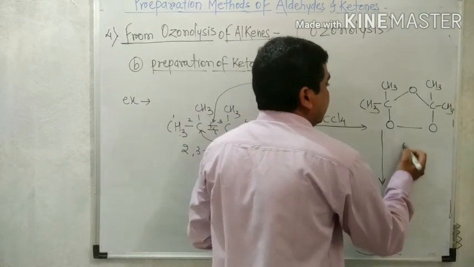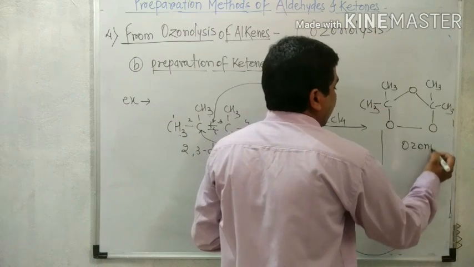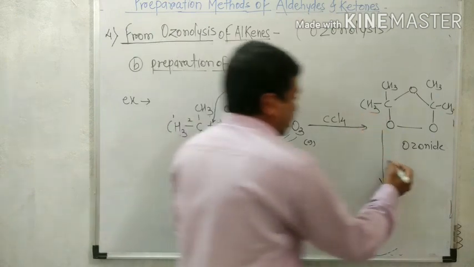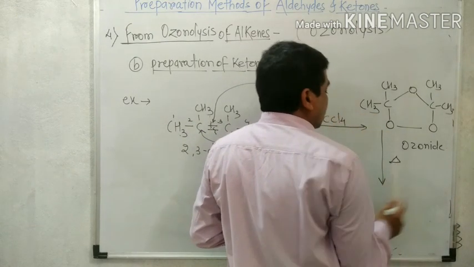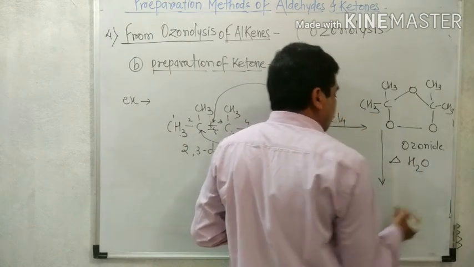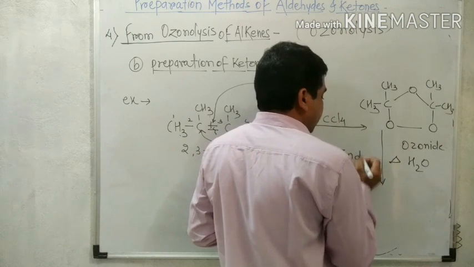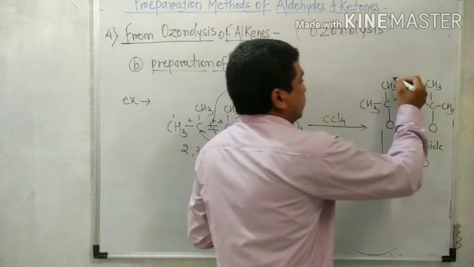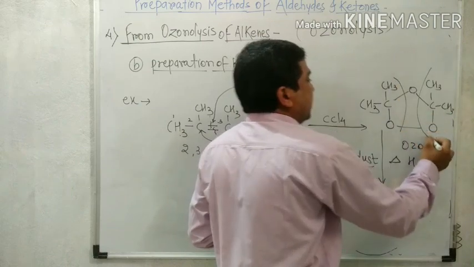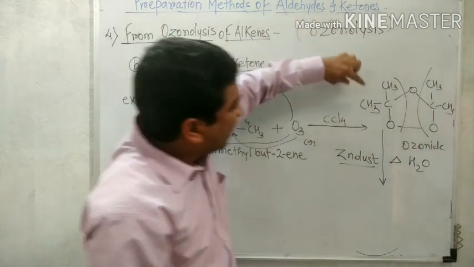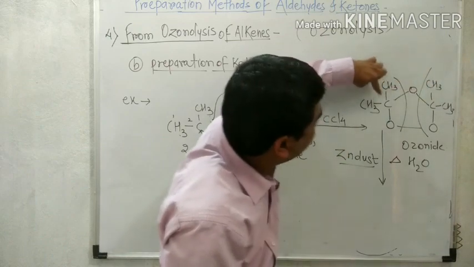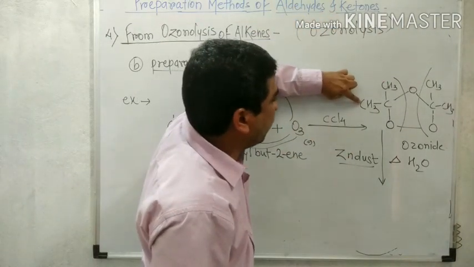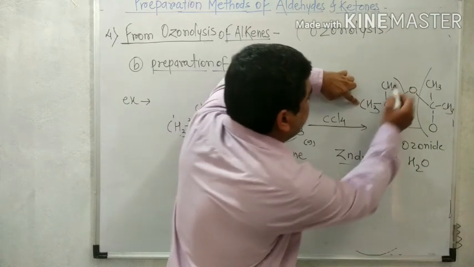We know that this is the corresponding ozonide of that alkene, 2,3-dimethylbutene, which is hydrolyzed using warm water in the presence of zinc dust. We know the importance of zinc dust. So the structure undergoes breaking like this. Three fragments are obtained: 1, 2, and this oxygen is the third. So what about this first fragment?